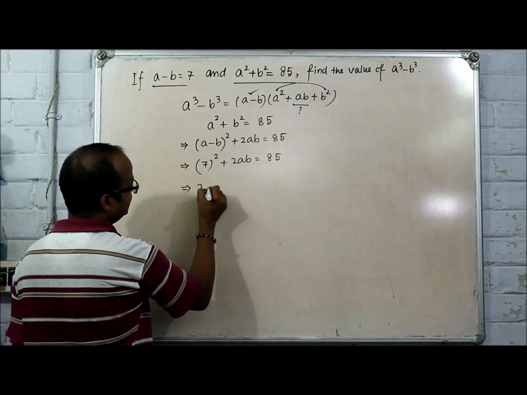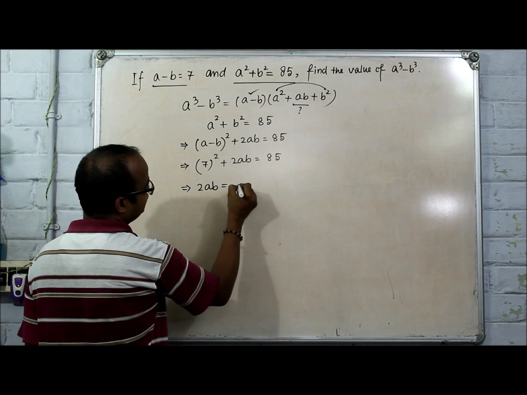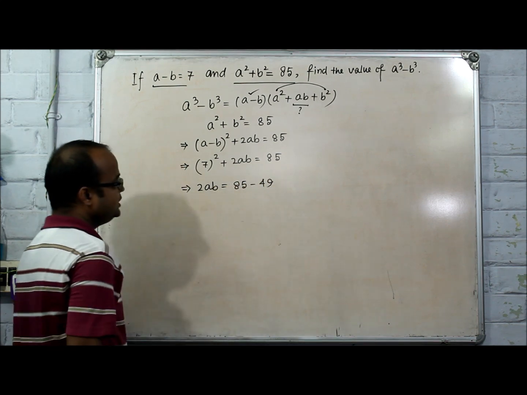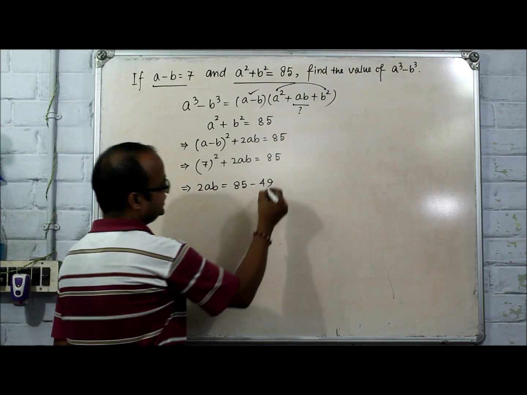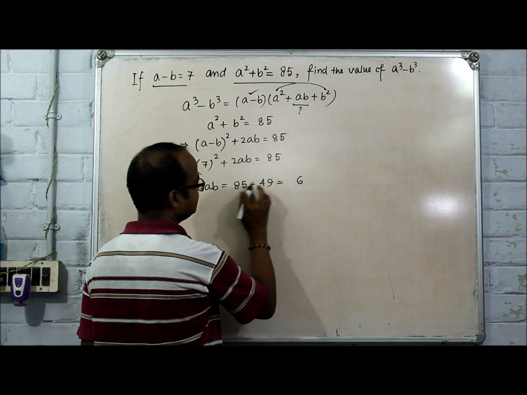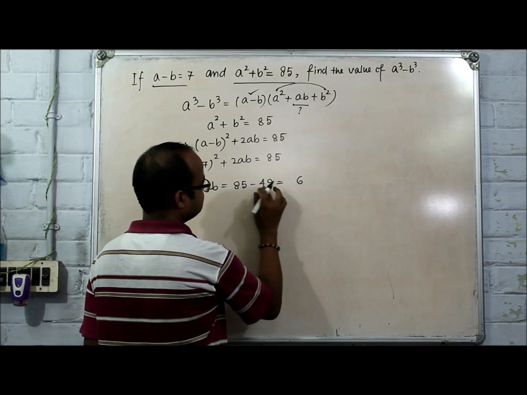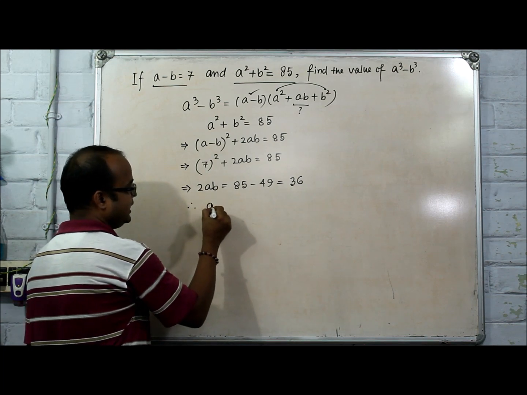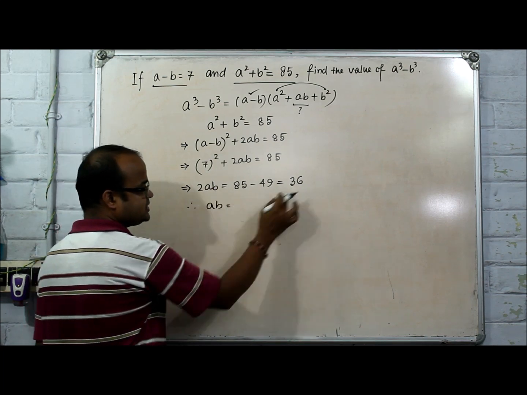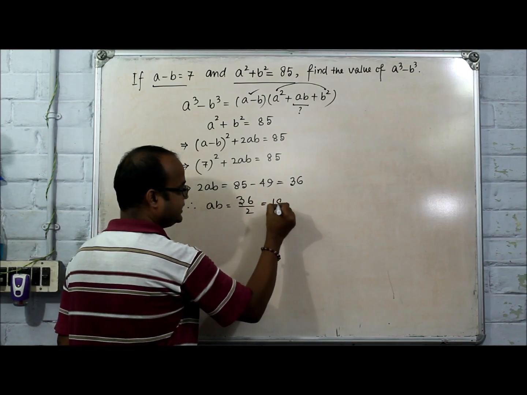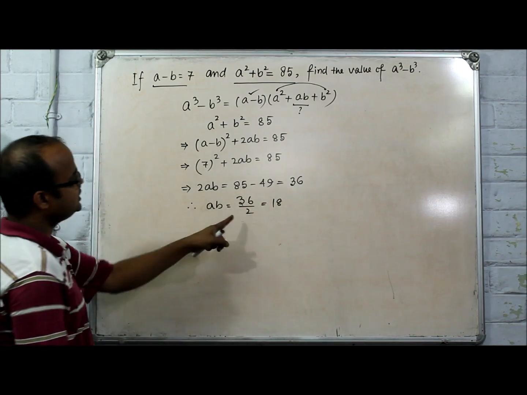It implies 2ab is equal to 85 minus 49. So 85 minus 49, it is equal to 36. Therefore ab is equal to 36 by 2, that is equal to 18. So ab is equal to 18.